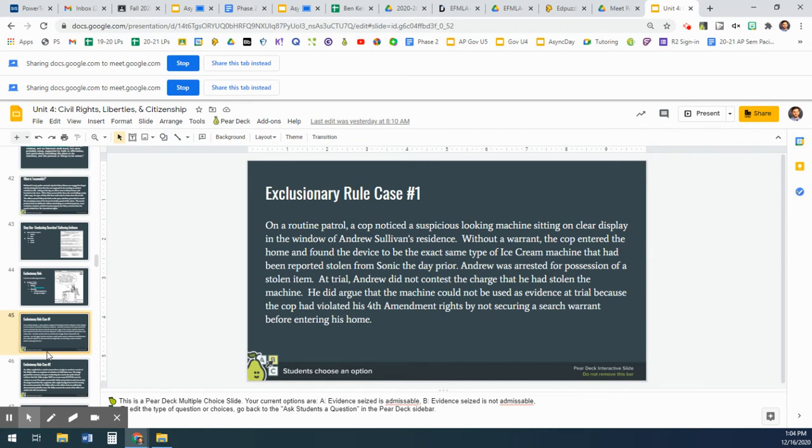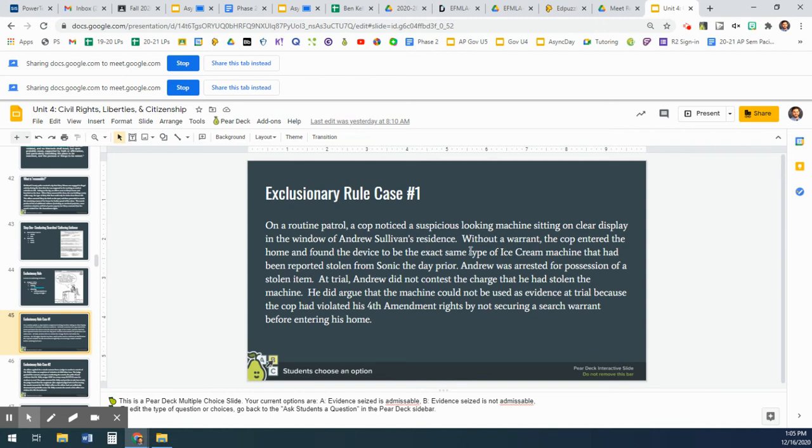Okay, they have made exceptions to the exclusionary rule. In this particular case, I've obviously changed some stuff around, but notice that the clearly stolen ice cream machine, this illegal item to be in his possession, was clearly on display from the road. So he's just driving by and can see illegal activity, and they allow the cops to act on their own discretion.